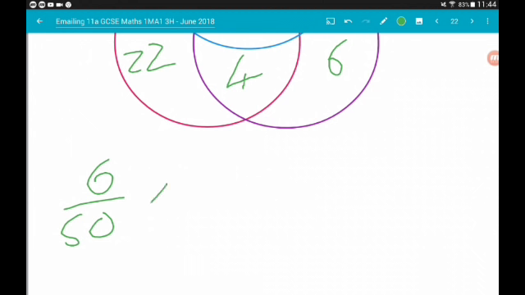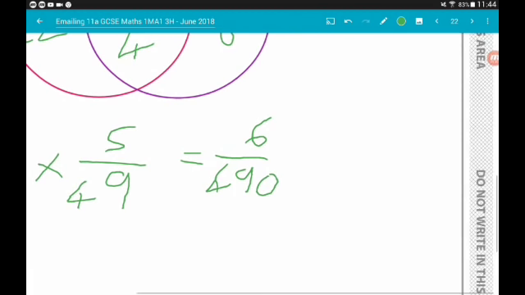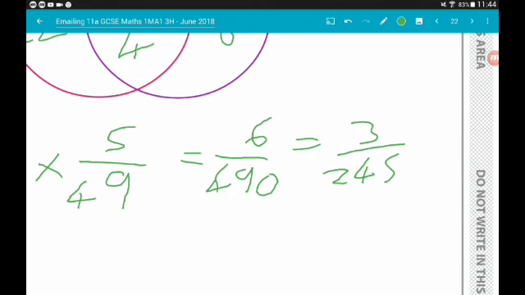So we now multiply this by 5 over 49. Stick that in your calculator and you will get 6 over 490, or it might simplify it to 3 over 245. Cool.